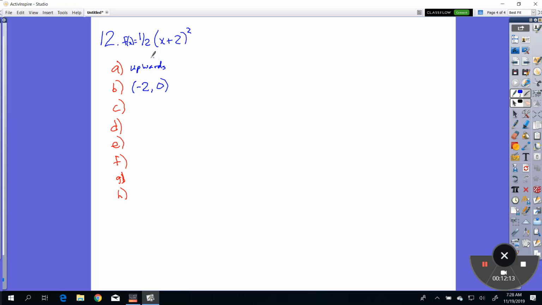Part C, determine the x-intercept. So the x-intercept is when you plug 0 in for y, right? To find the x-intercept. So now I solve that. I'm going to divide by 1/2 or multiply by 2. It's the same thing. So 0 equals (x plus 2) squared.